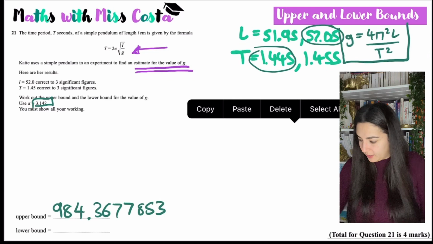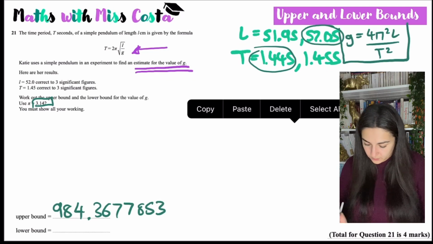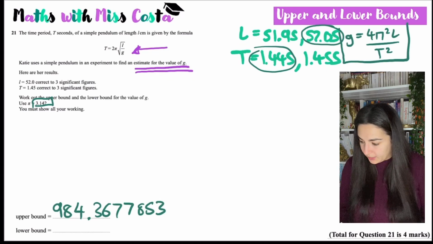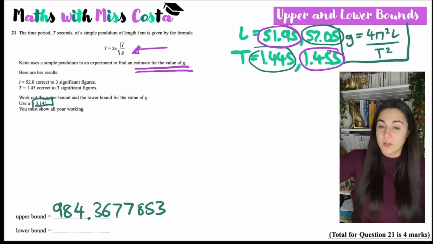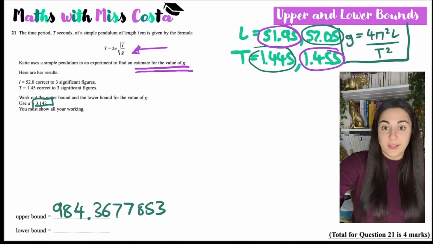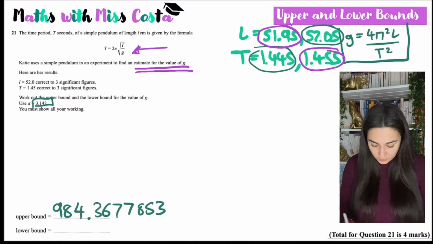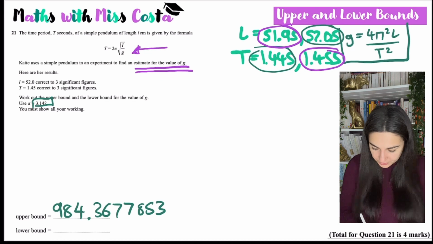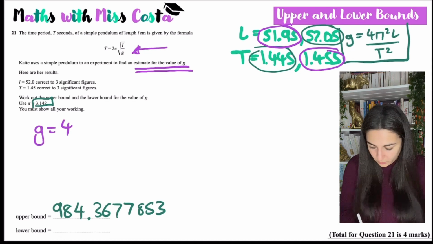Okay, now what we're going to do is work out the lower bound. So to work out the lower bound, I am going to use the lower bound of L and the upper bound of T. So the smaller number on the numerator and the larger on the denominator. So G would be 4 times 3.142 squared.